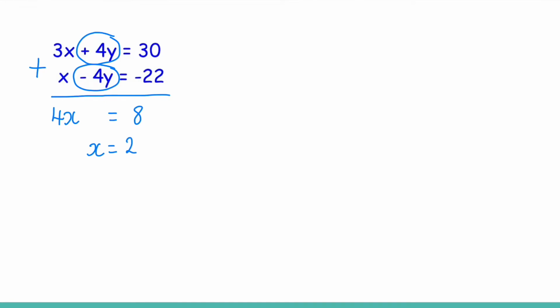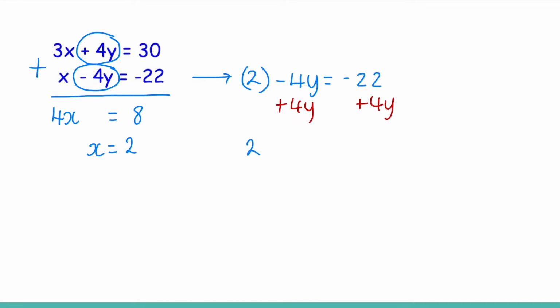I'm dividing by 4. Again, then I can take one of my equations, so I'm going to take the bottom one, substitute in the one that I've found, and write out the whole equation again. And then I can rearrange it to find y. So I'm going to actually add 4y to both sides, just so that y is keeping positive.